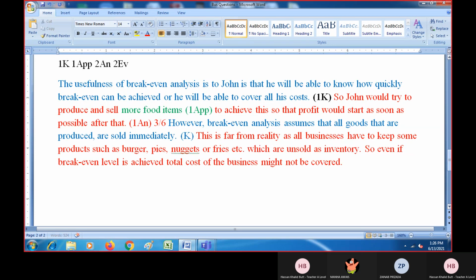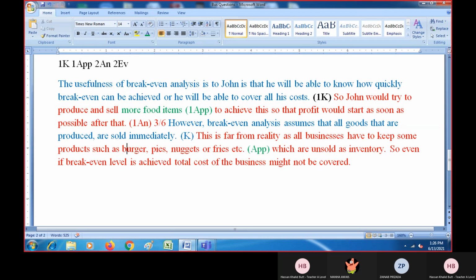Okay, so now, what happened? We have used the application. So this, let me use a different color, this one, is application. I'm not writing one because we have already gained 1 mark for the application, but make it a habit to keep on using the application in the development of a point so that you never miss it out.